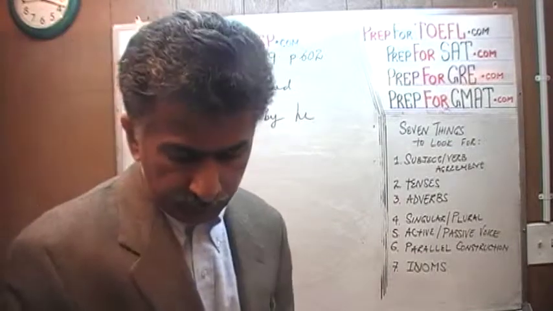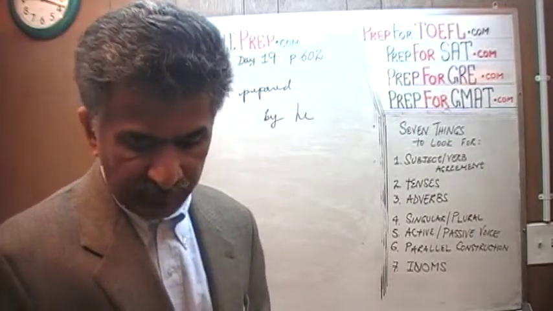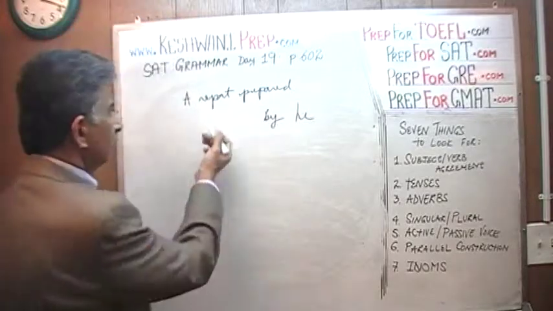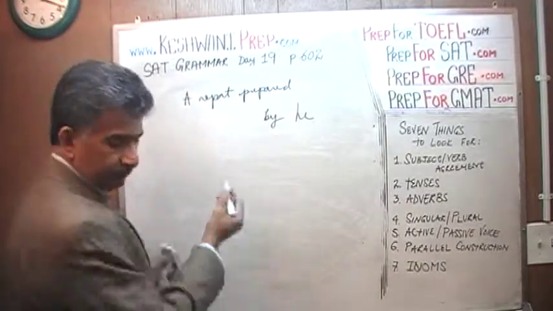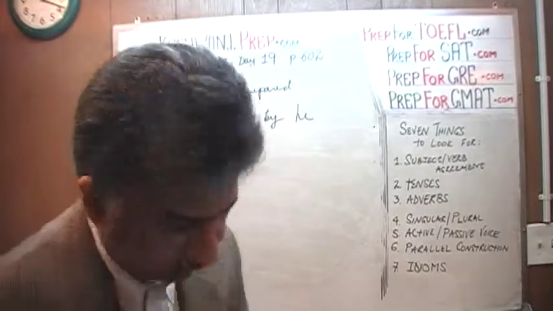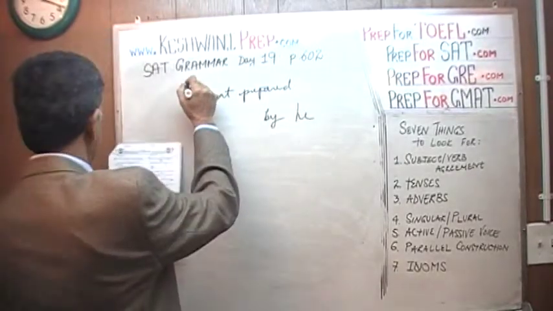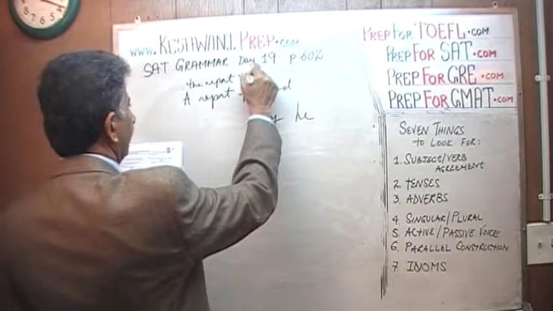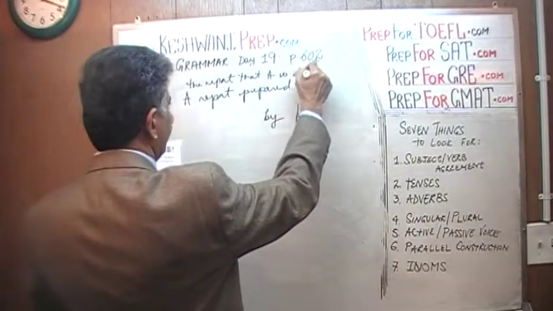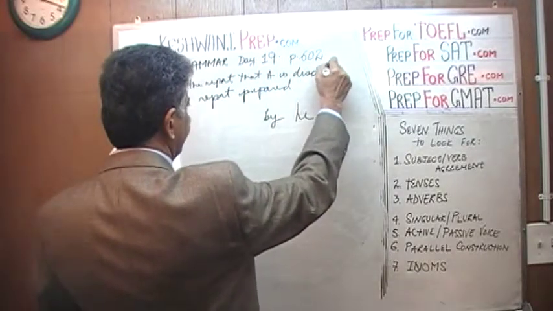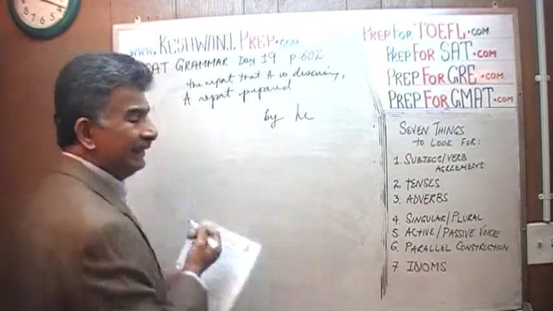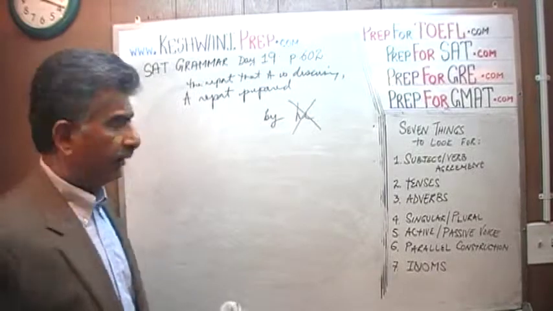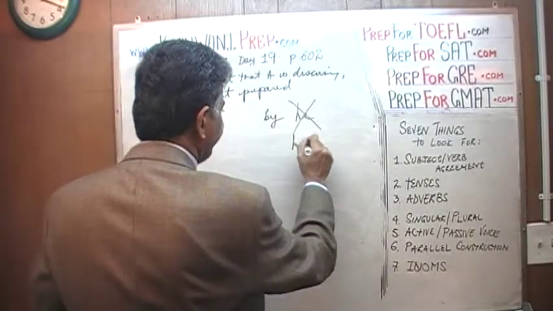It says the report that Alexander is discussing. A report that Alexander is discussing. The report that Alexander is discussing. A report prepared by he. Not prepared by he. The report was prepared by him.